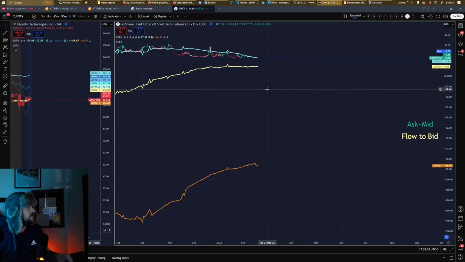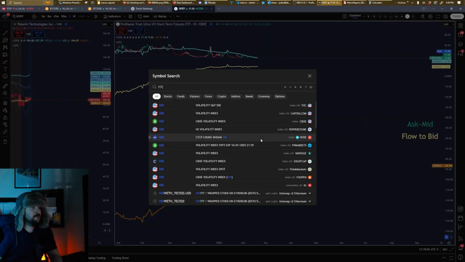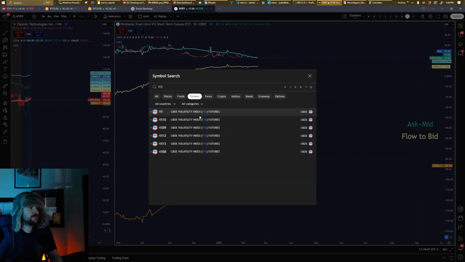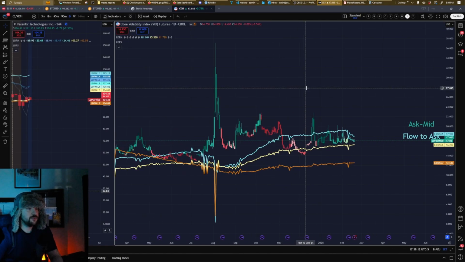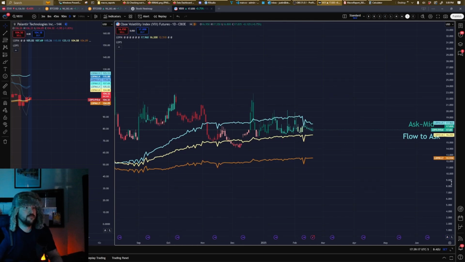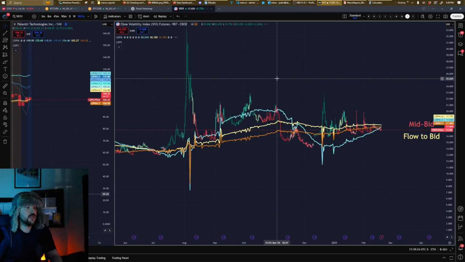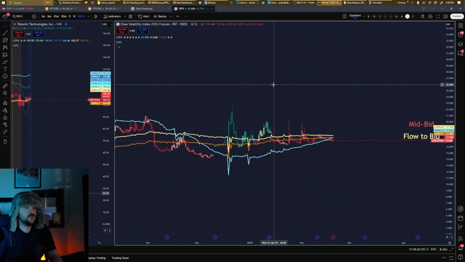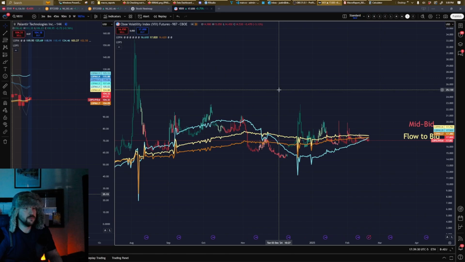Does it work on VIX futures? Maybe. So VIX futures are bullish, right? This is the daily. I think I would be fine doing LDPS on futures, VIX futures, LDPM and LDPS, because it is a commodity people buy and sell.